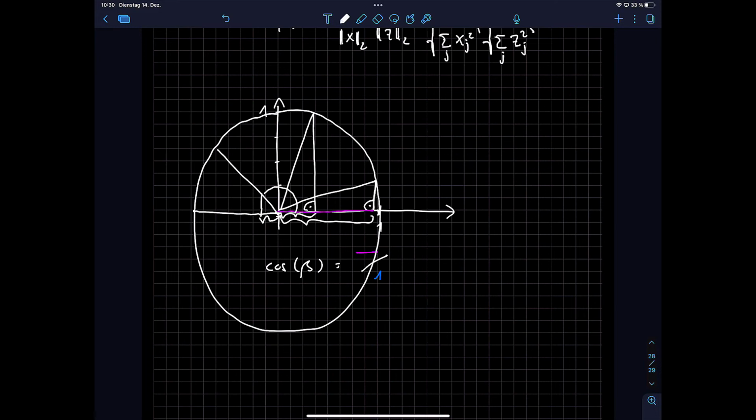I hope you can see this. Basically, we assume we always have a unit circle, but this can be calculated for any other circle. Here it's the easiest one because we always have a value of 1 for what's given below here.